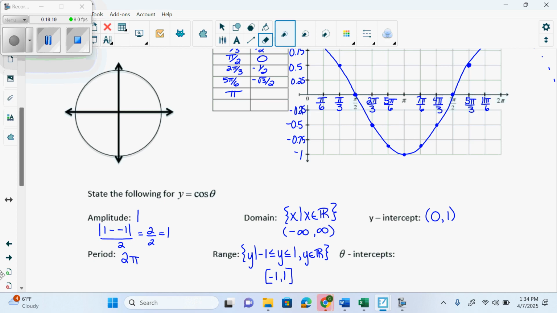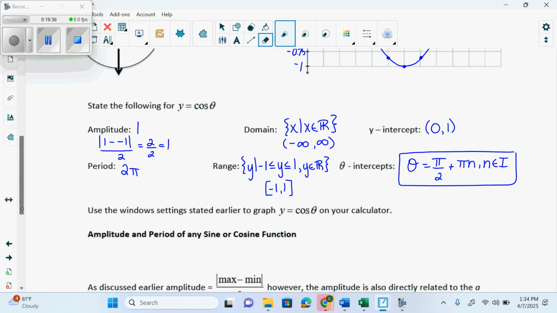Half the circle, which is pi. So we'll go theta equals pi over 2 plus pi n. N is an element of the integers. And then once again, you could technically put that in.